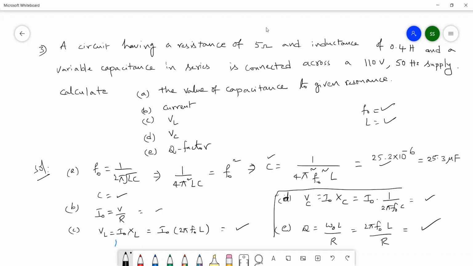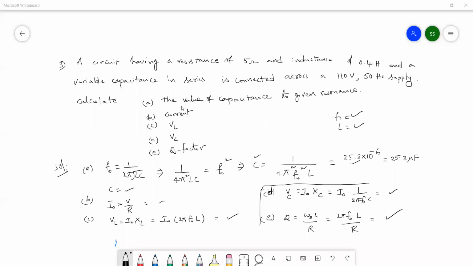Check that answer. Yes, tell me. Sir, what is the current value, 0.022? No, check once. Not 0.22. What is the value of V? They have given 110. 110 by 5, simply. 22, sir.